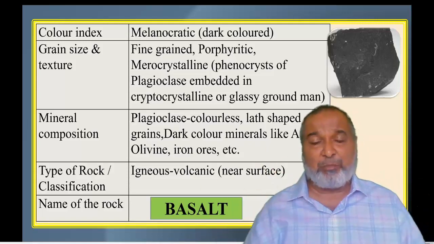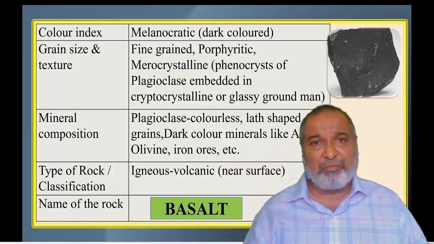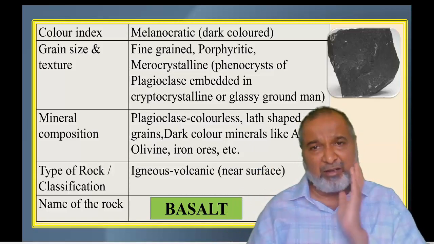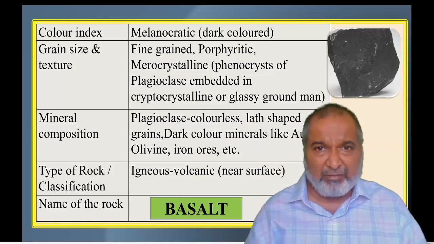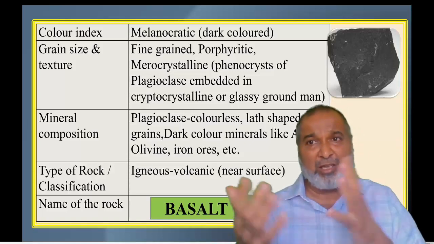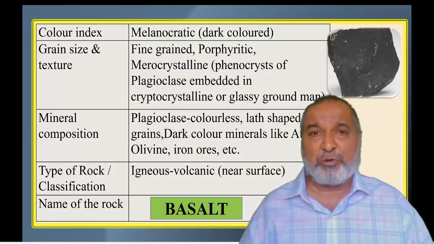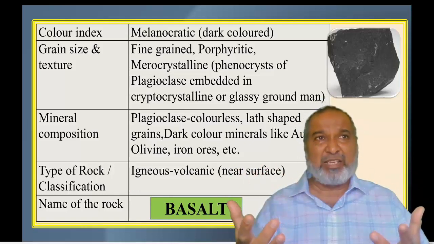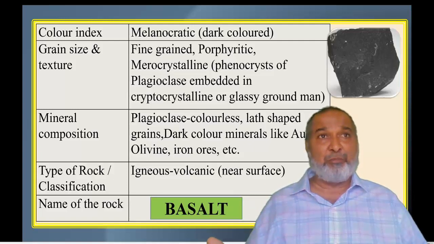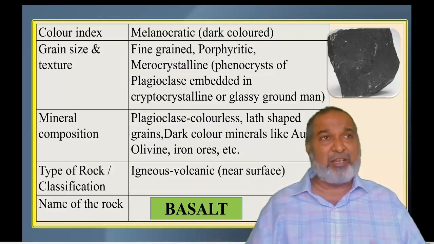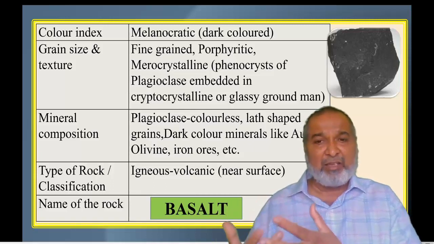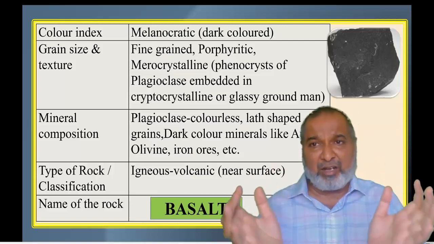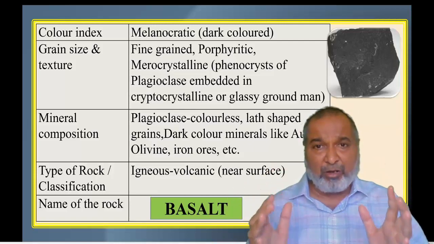When you see the porphyritic basalt, very big flakes of plagioclase are embedded in the groundmass. So in the mineral composition, only when it is porphyritic will you see the plagioclase. The rest of the dark color minerals we could not see, but we just mention that the important rock forming minerals are augite, olivine, and or iron oxide. If you don't have the minerals, then iron oxide is present. So this will be the mineral composition we can write down for the rock basalt.